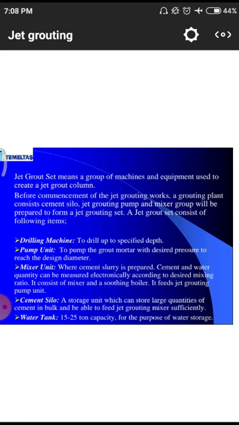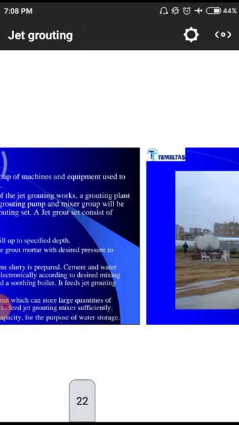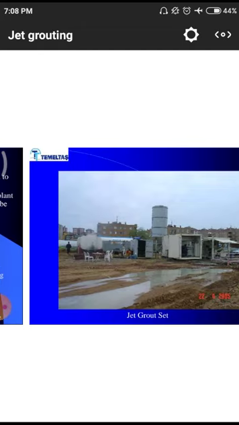And the cement silo, a storage unit which can store large quantities of cement in bulk, will be able to feed the jet grouting mixer sufficiently. After that, the water tank, which has a capacity of 15 to 25 tons for storing water. It is a total site.